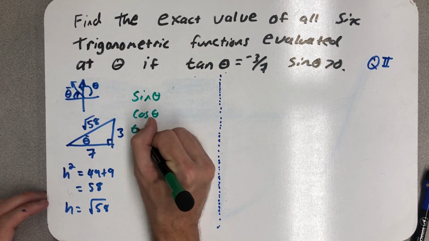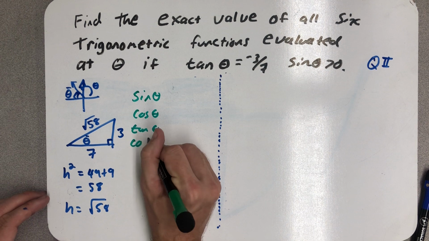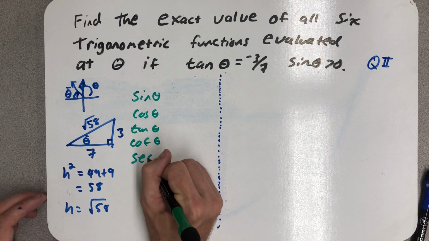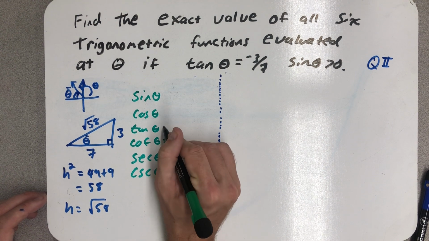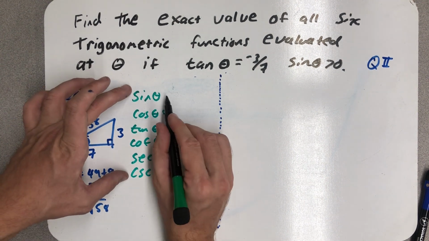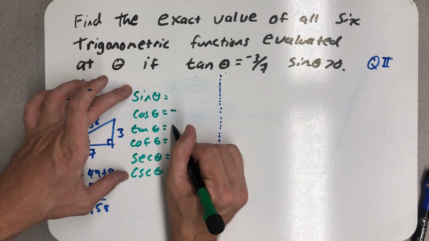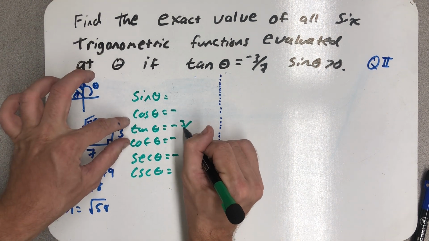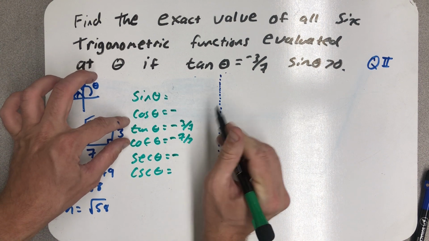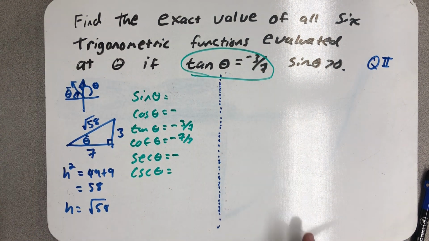Because that right triangle, which I can think of as a reference triangle, will do the job for me. As long as I remember the angle I'm actually dealing with is in quadrant number 2, where sine and its reciprocal are positive and every other trig function would be negative. Now, I should get tangent right no matter what, and its reciprocal cotangent, because those are basically given to me. Now for the rest, I can just use this triangle.